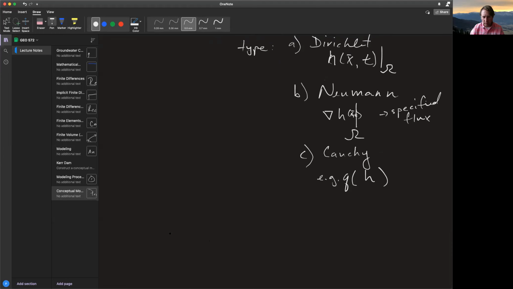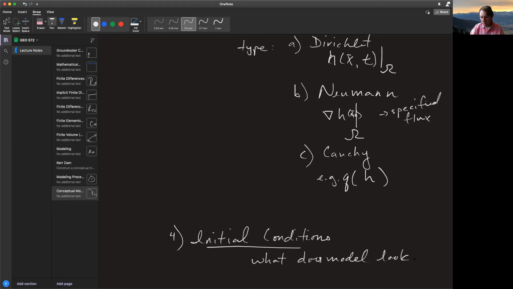Fourth thing we need are initial conditions, if it's a transient model. What does the model look like at the start?